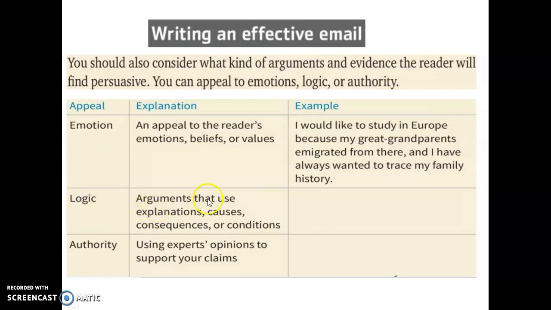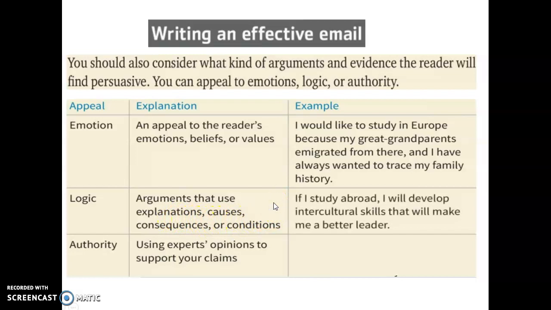What about logic? We said arguments that use explanations, causes, consequences, or conditions. An example would be, "If I study abroad, I will develop intercultural skills that will make me a better leader." So we got a reason, result, relationship here: cause, consequence. And finally, we got authority, using experts' opinions to support your claims.